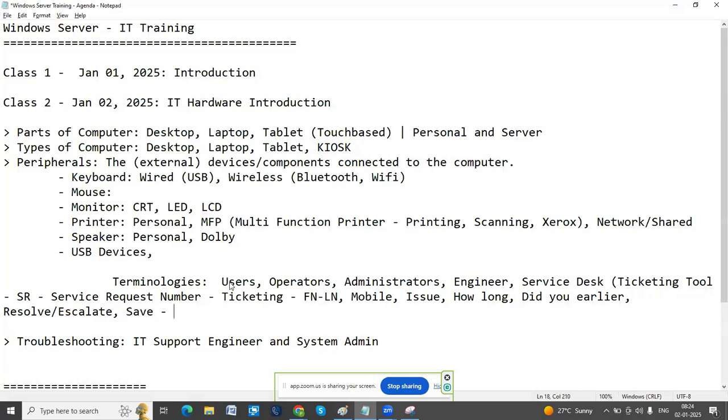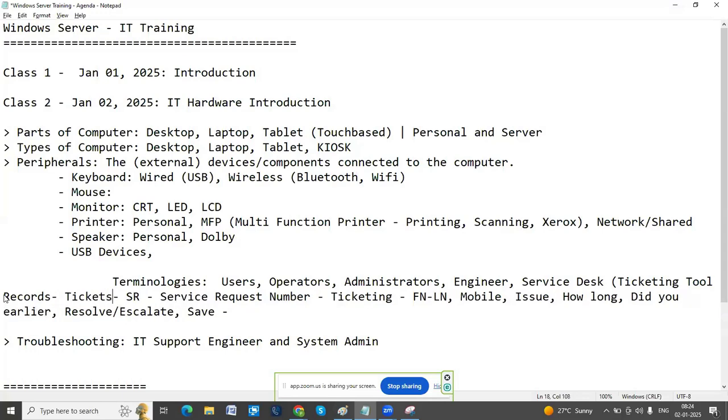After entering all this information, he will save it. Why save? Because he has to track it; how will they know that this particular customer called 10 times or 100 times or 5 times? They will have the records. Records means records in the form of service request numbers, or tickets, a ticket number or SR number.